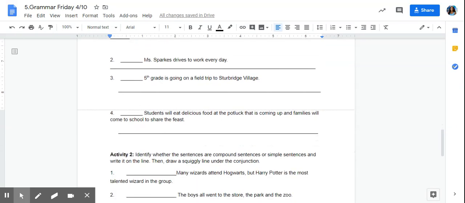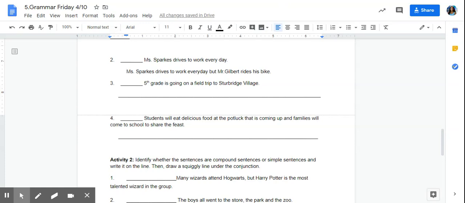Miss Sparks drives to work every day. Miss Sparks is our subject, and drives is our predicate. So we only have one simple sentence here, so we have to create a compound sentence. Miss Sparks drives to work every day, but Mr. Gilbert rides his bike.